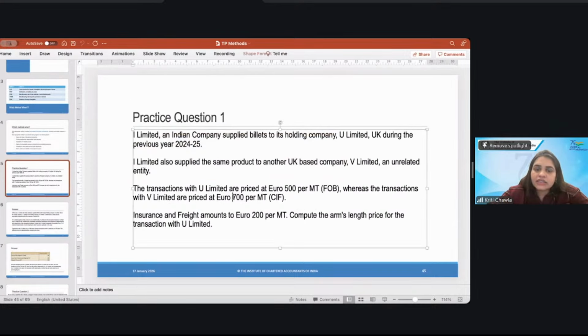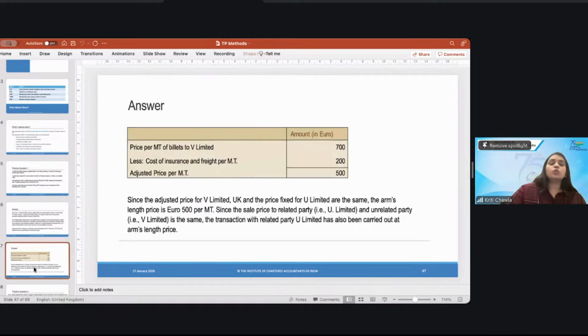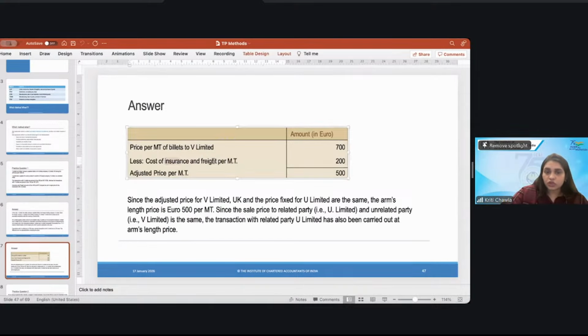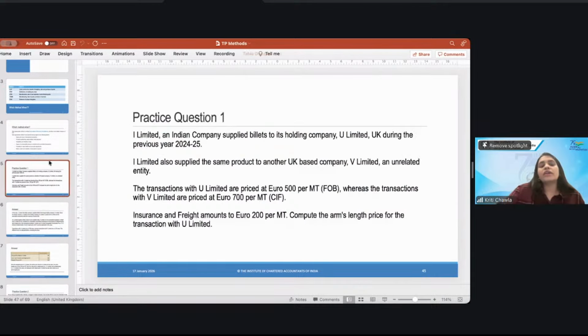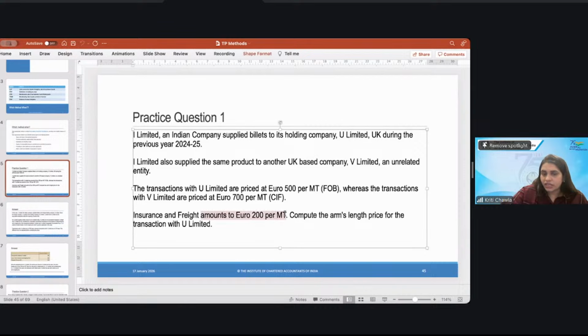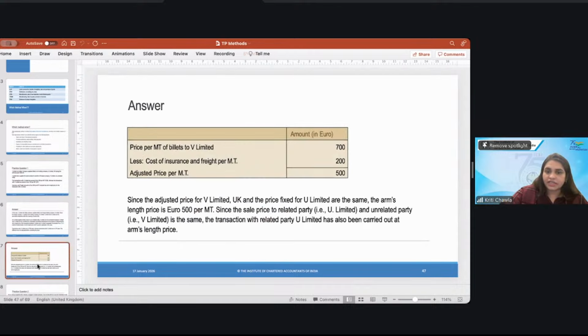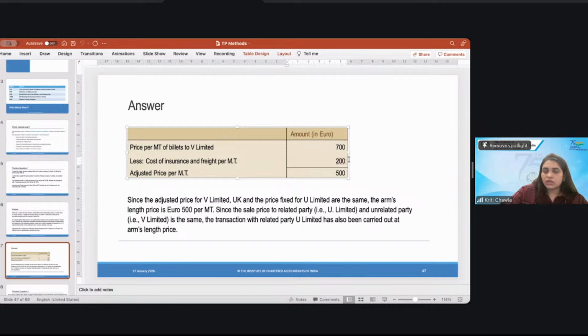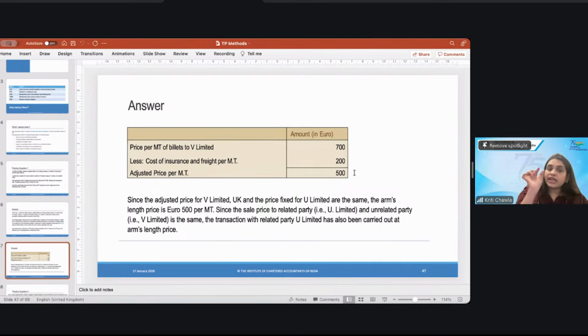Now, when you look at the uncontrolled transaction, this is on a CIF basis. So what you do is deduct the cost of insurance and freight to make it an FOB basis. So you deduct 200, which is mentioned here as insurance and freight, so the adjusted price that you find is 500. Now the adjusted price for V Limited, the unrelated party, is the same as the transaction between related parties.